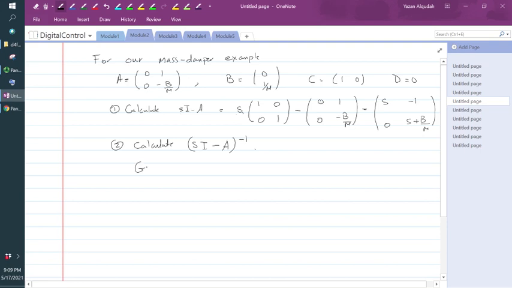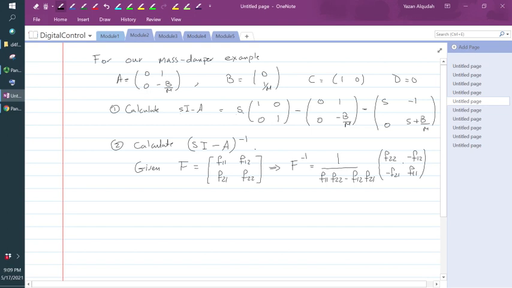If I am given a matrix F that is equal to [F11, F12; F21, F22], then the inverse of this matrix, F inverse, is going to equal 1 over (F11 multiplied by F22 minus F12 multiplied by F21), and then I'm going to swap F22 and F11, and I'm going to take a minus of F12 and a negative of F21.